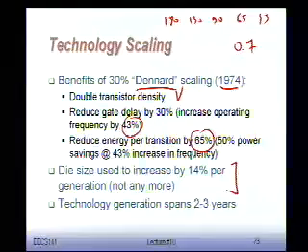Actually, for a long time, it was true that if you go from one generation to the next one, every chip would get 14% larger. That's not true anymore. If I look at chips that are now being published at ISSCC conferences and compare them to the ones from 3 years ago, and you look at the average size, it's approximately the same. Chip sizes have kind of fixed in size.